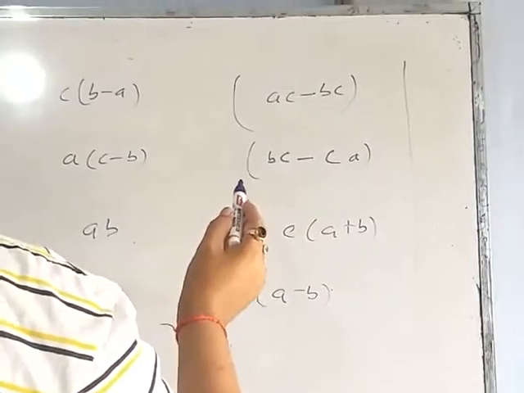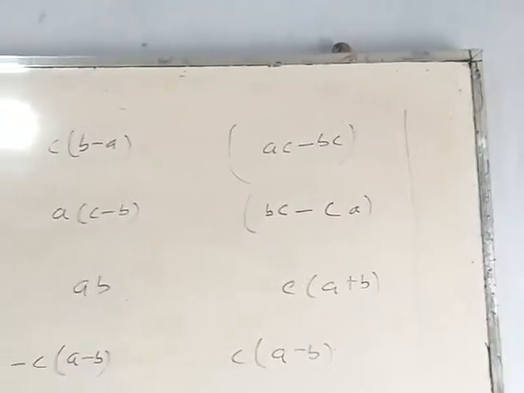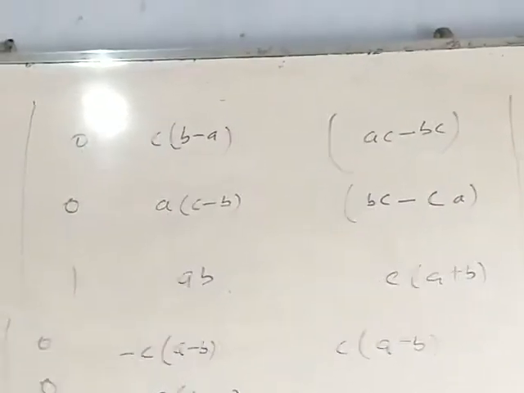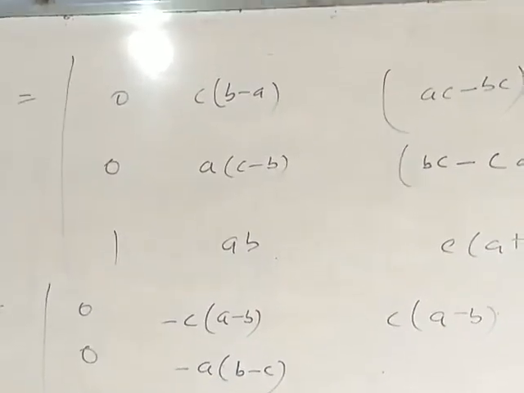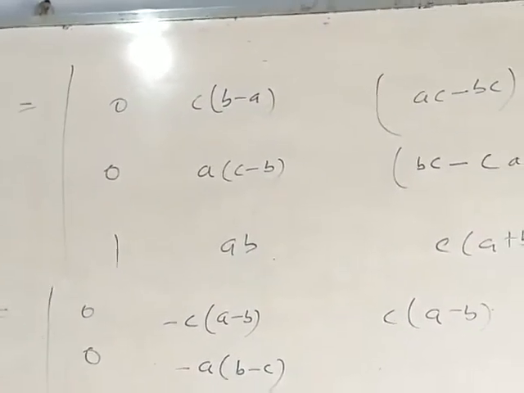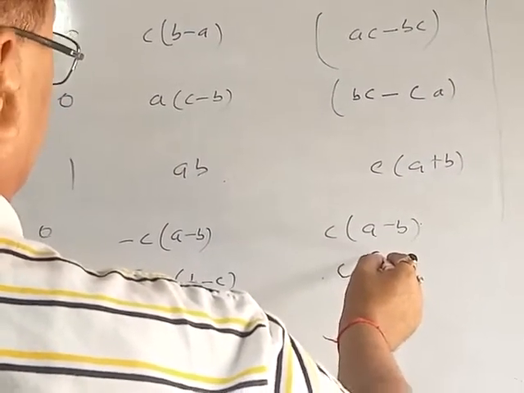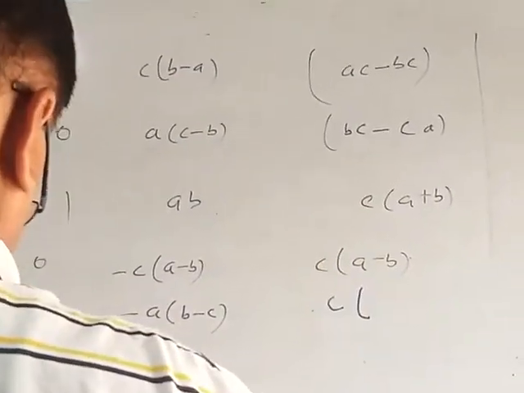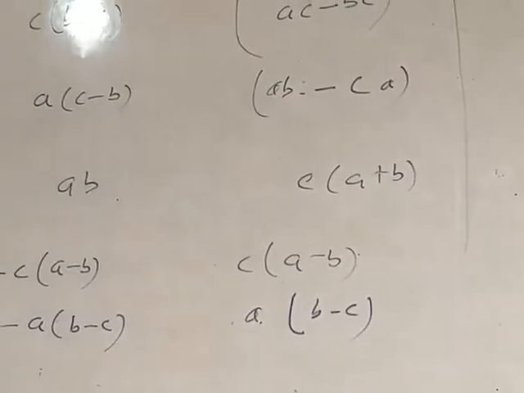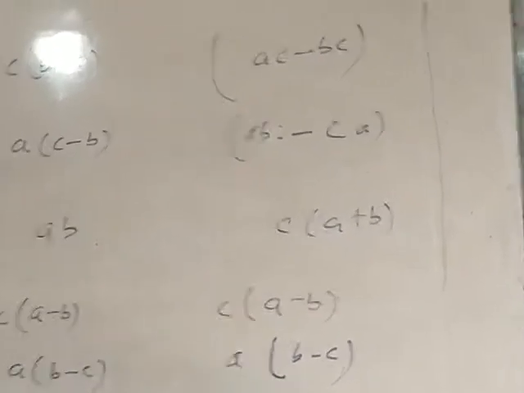C is common, there's a mistake I think. B, C plus A, B, C plus A minus B, C plus A common, B minus A, but it should be B minus C. Minus C and 1, AB, C(A plus B).